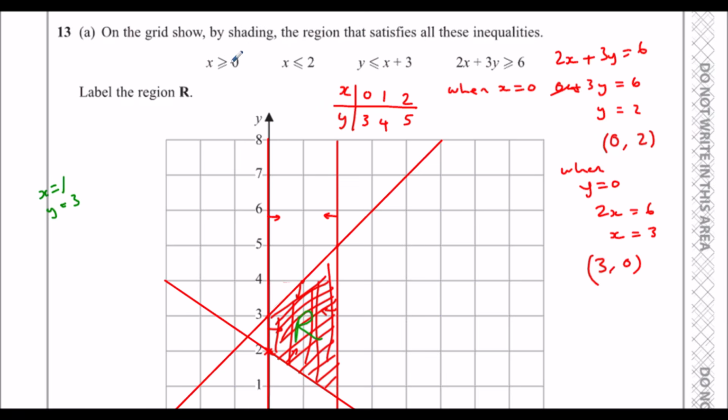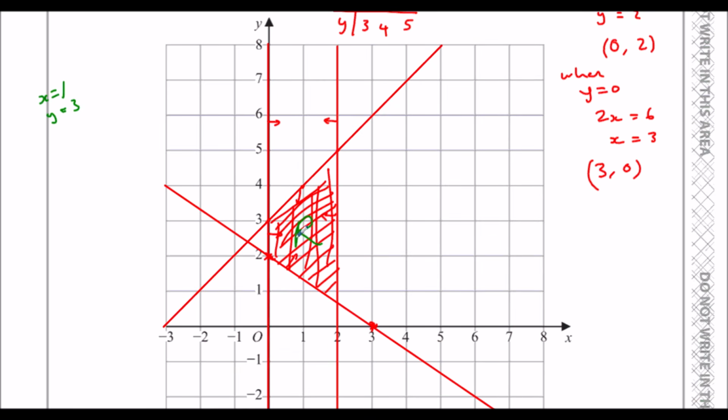So 1 is bigger or equal to 0. 1 is less than or equal to 2. 3 is less than or equal to 1 plus 3, so 3 is less than 4. And we've got 2 1s, which is 2, and 3 3s, so 2 and 9 make 11. 11 is bigger or equal to 6. So all of those are true. So this must be the right region.